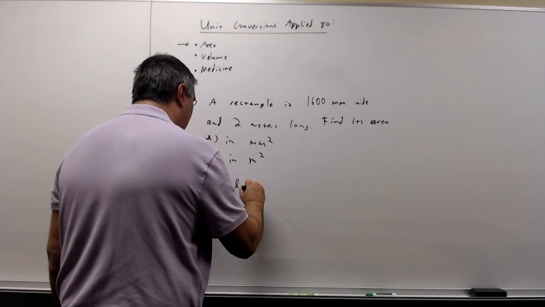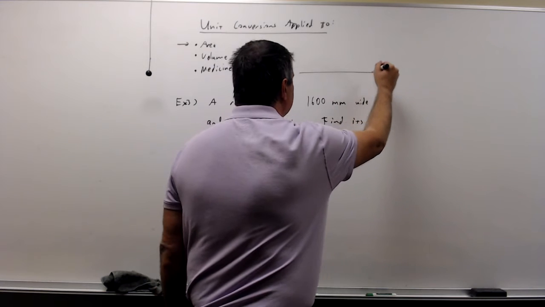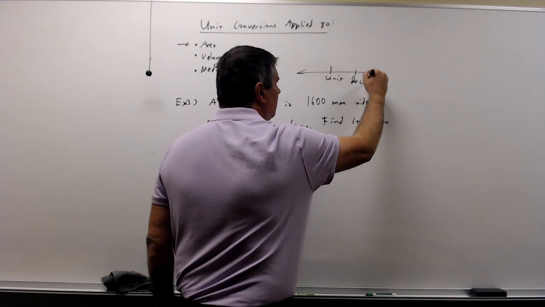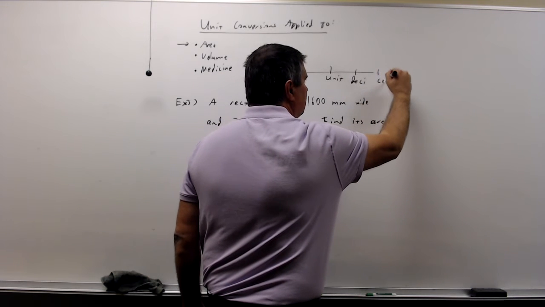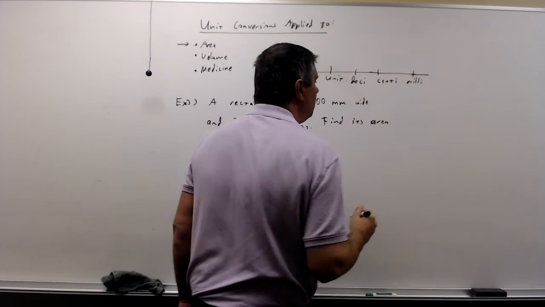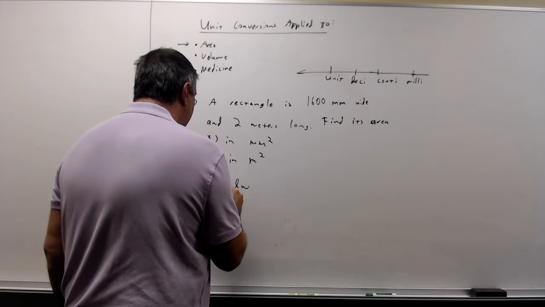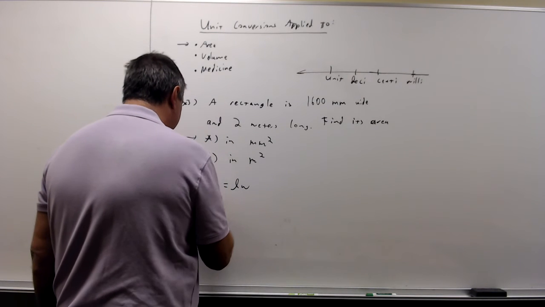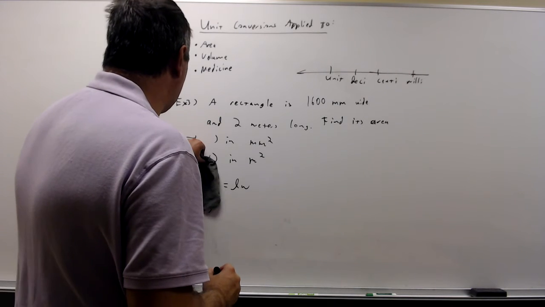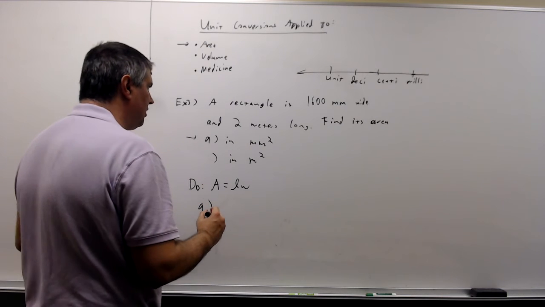Area equals length times width. Well, let me put the metric conversion chart up here. Unit, deci, centi, milli. Okay? So if we're going to do part A, we put this in lowercase a, lowercase b, that way we have less confusion.